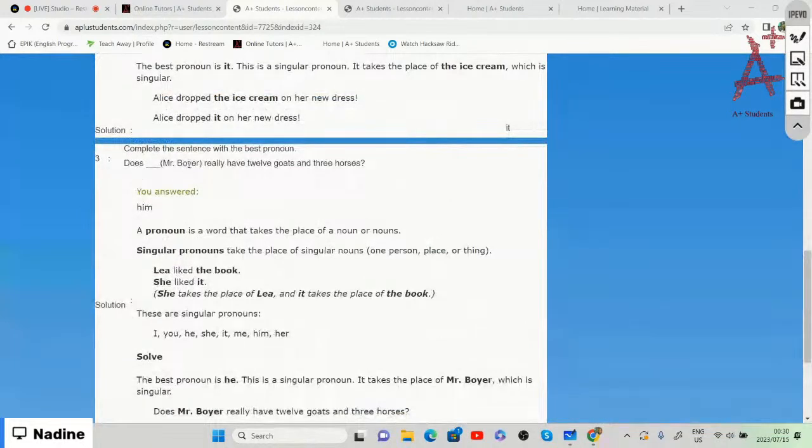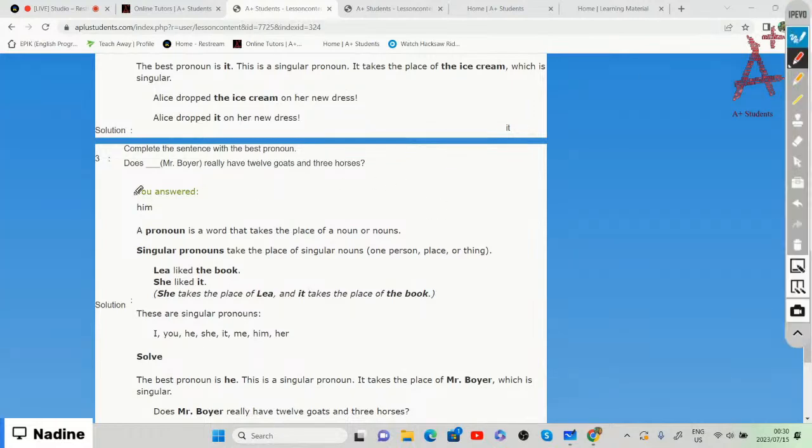Does Mr. Boyer really have 12 goats and 3 horses? We need to choose the correct pronoun to replace Mr. Boyer.